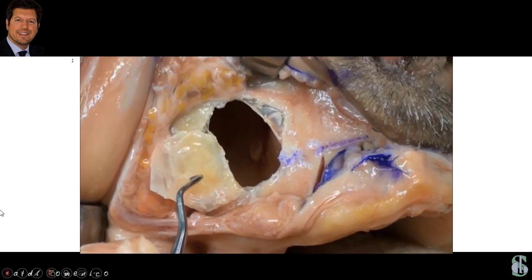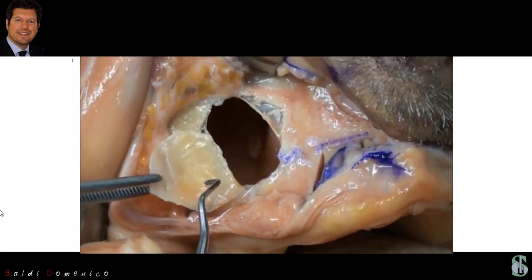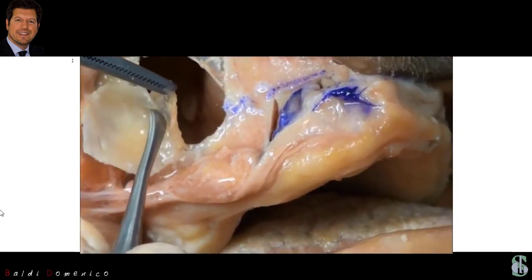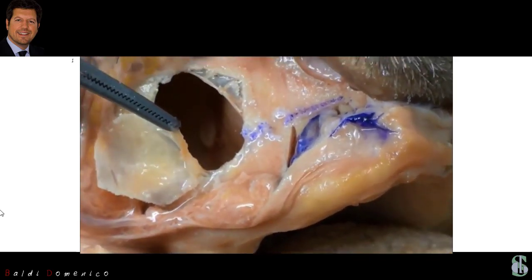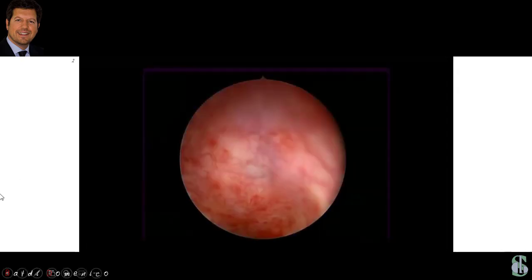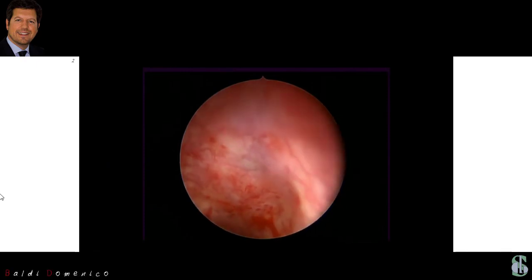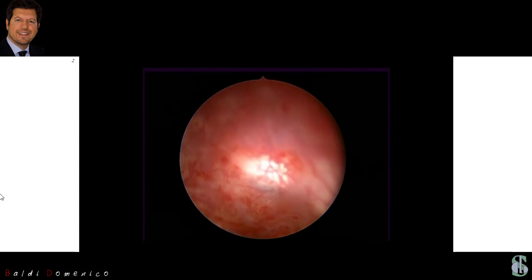If we see this short video that we did on the cadaver, we can really see how thin the Schneiderian membrane is in a healthy situation. The same situation we can appreciate in our patient. Thanks to this video from the endosinusal point of view, we can see how thin it is, and we can see the light in transparency under the membrane.